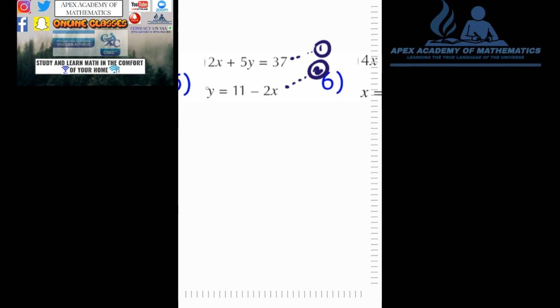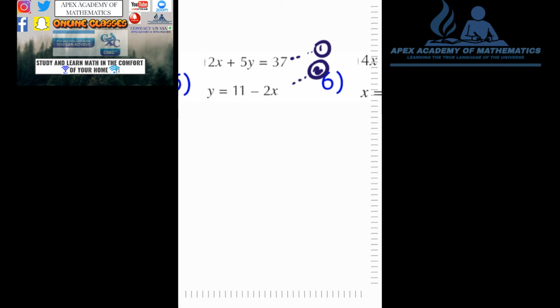All right? So we already have y is equal to 11 minus 2x. So what that means for me is that anywhere I see y in this equation up here, I'm going to replace that y with 11 minus 2x. So let's write some notes here.